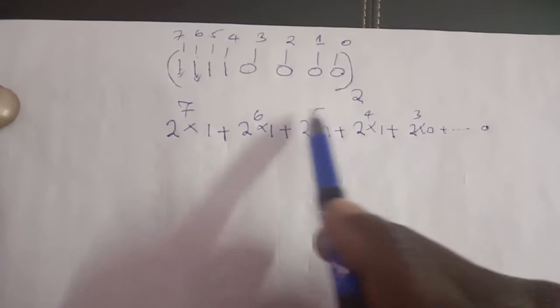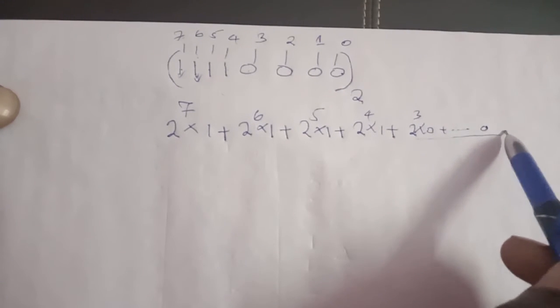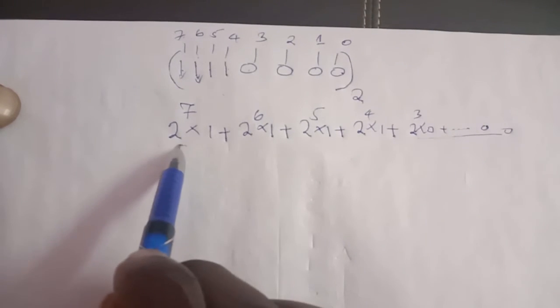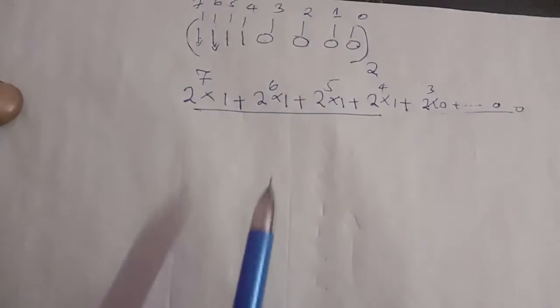Because here we have 0, 0, 0, 0, the product of these is always 0. So you deal with only these numeric values.